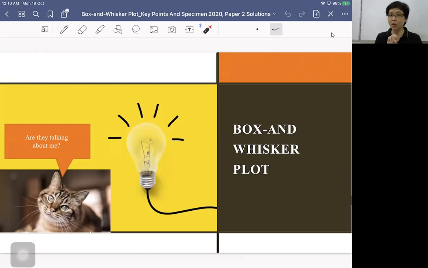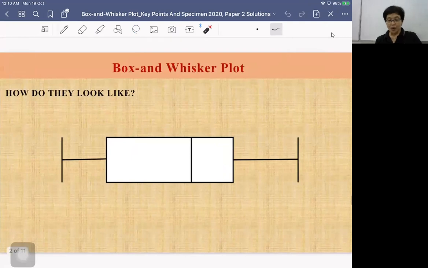But I'm going to take you through the next few minutes to see there is something also quite cute, and it is found in mathematics. Let's find out what a box and whisker plot looks like. Ta-da!